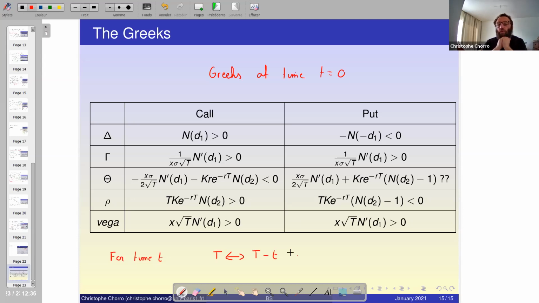So you have closed form expressions for the Greeks in the Black-Scholes model. And typically, you see that the gamma and the vega are equal up to a constant.